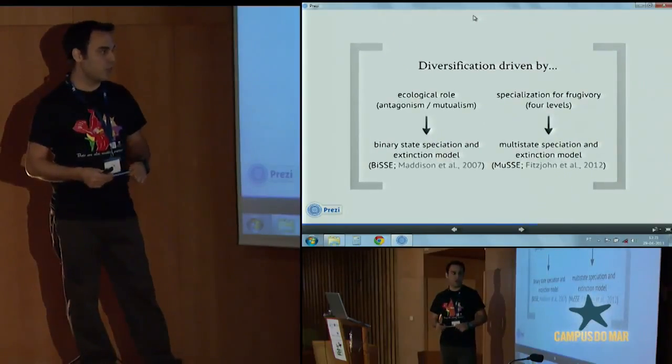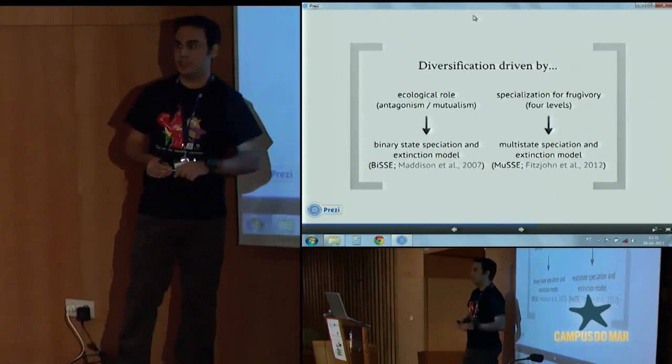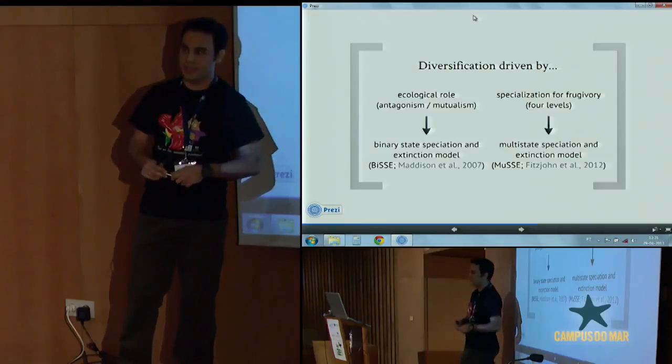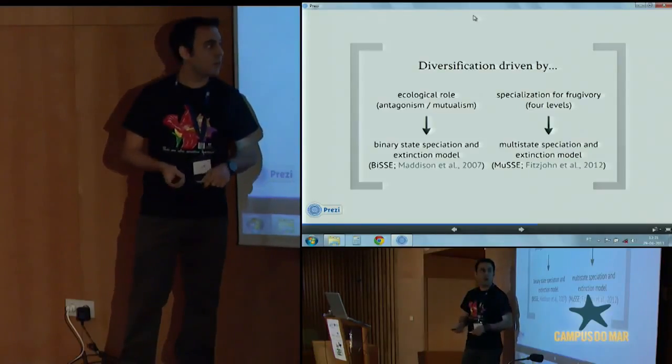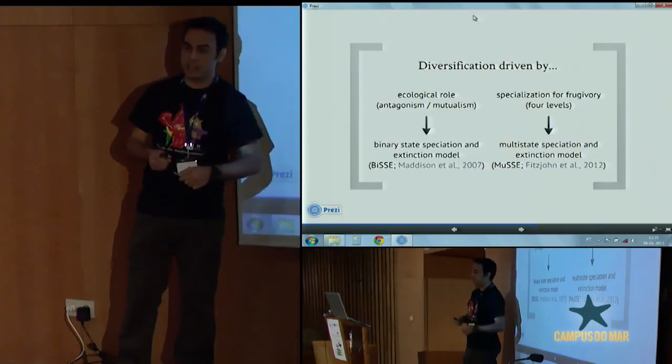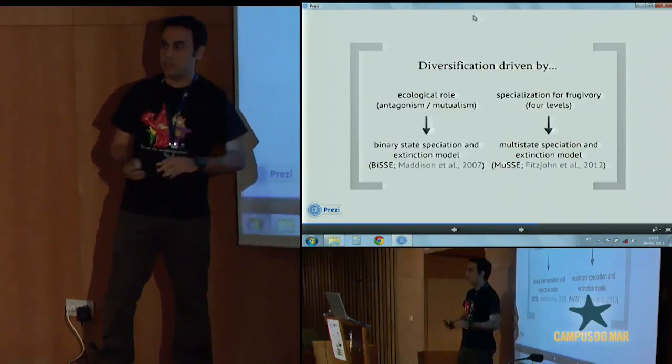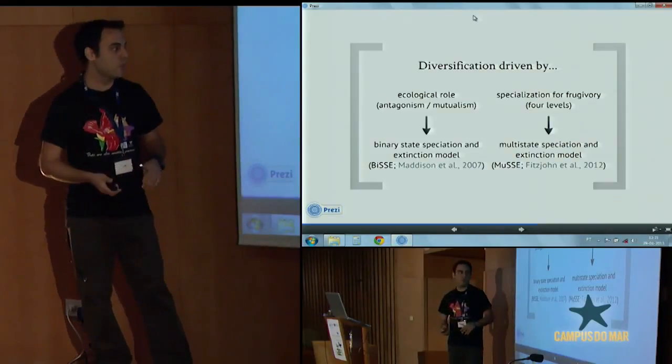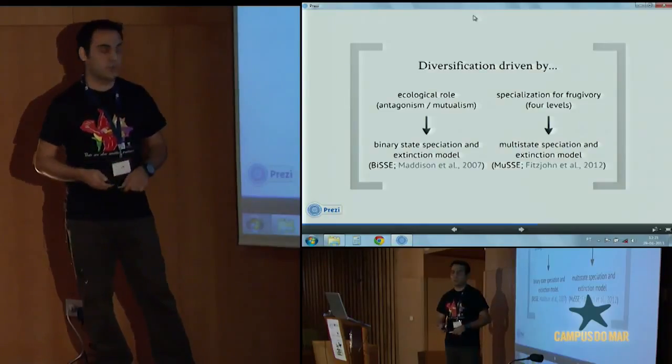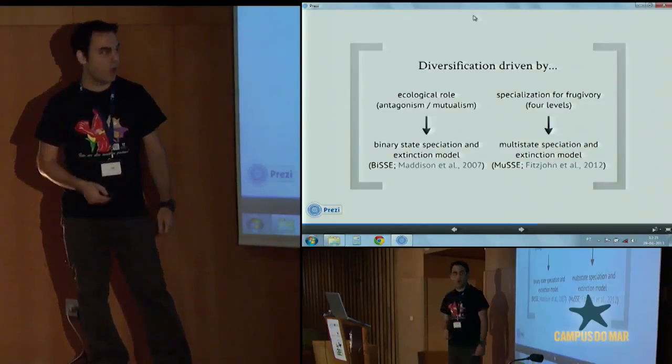And we used two models that estimate speciation, extinction, and transition rates between any pair of states to examine whether ecological role, in this case antagonism and mutualism, and whether the levels of specialization for frugivory were related to the diversification rates of the group.